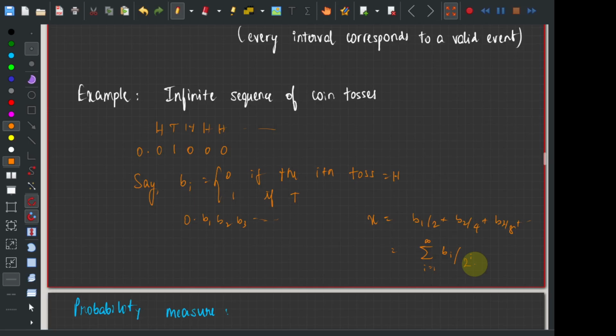So if x is between 0 and half, what can you say about the sequence of bits? The first bit b1 should be equal to 0, right? So what event does that correspond to? The first toss is a head. Correspondingly, if it is between a half and 1, then the first bit should be a 1, and that corresponds to a tail.